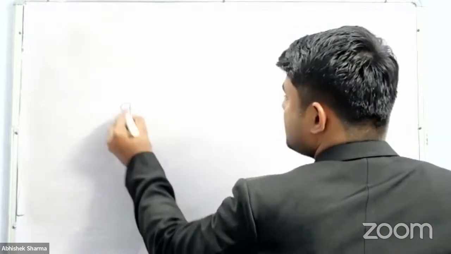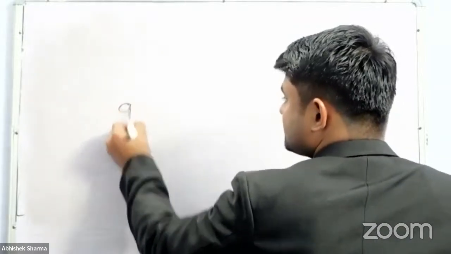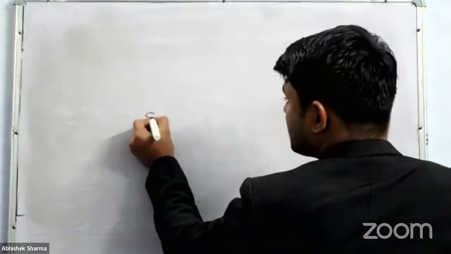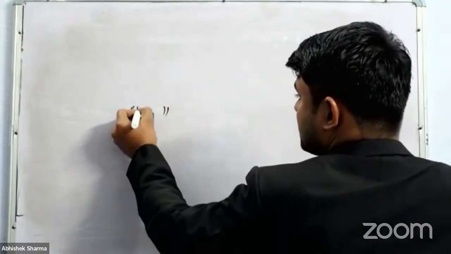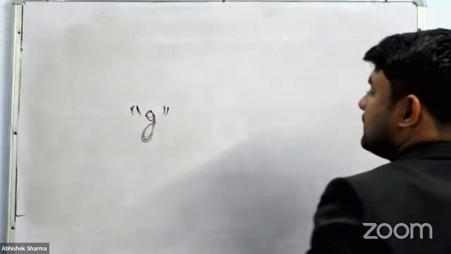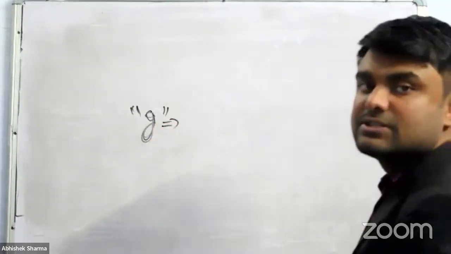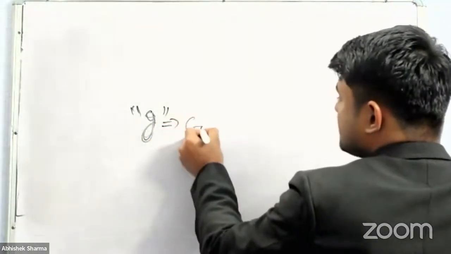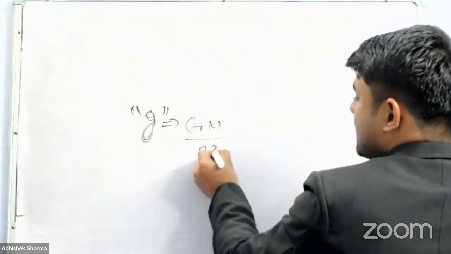Now let's understand how this expression for g comes. One more thing: we know this acceleration due to gravity expression g is basically G M upon R square.